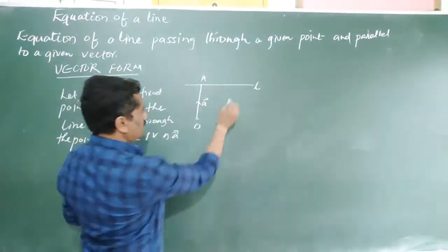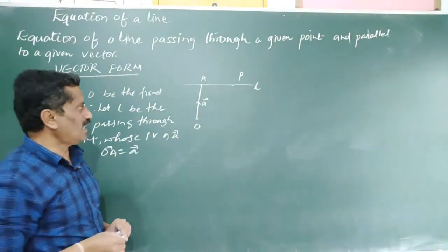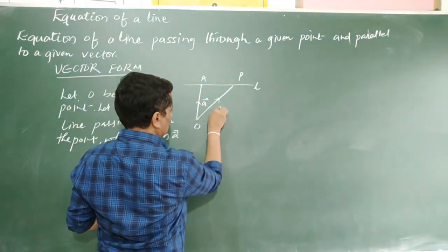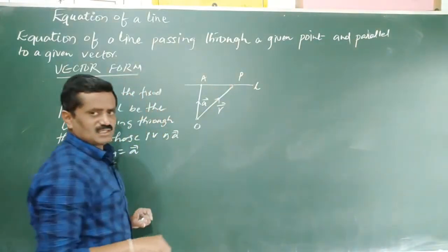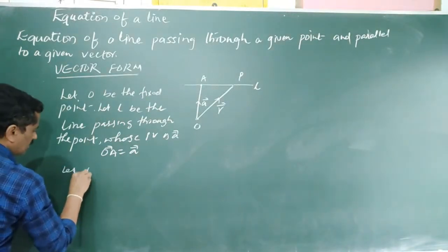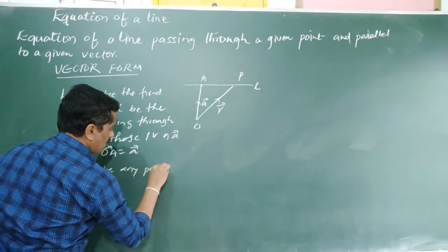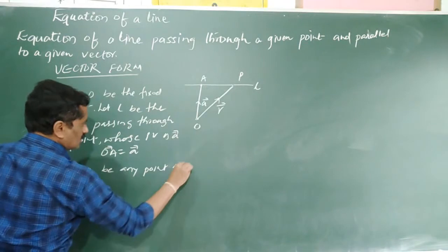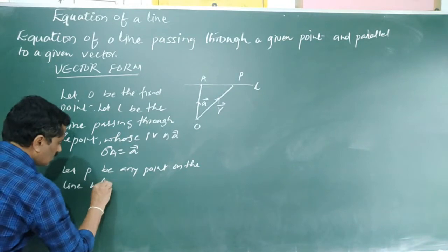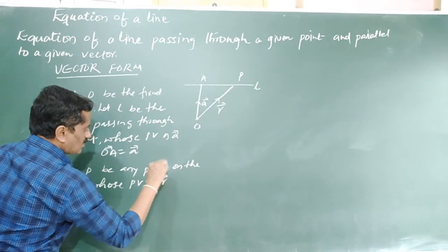Again, let P be any arbitrary point on the line whose position vector is R bar.